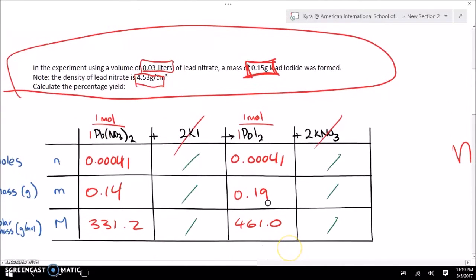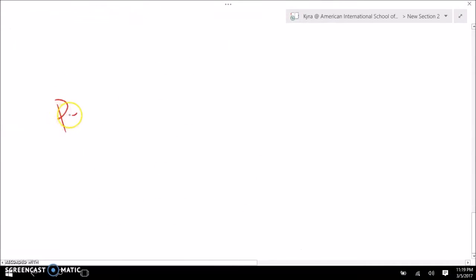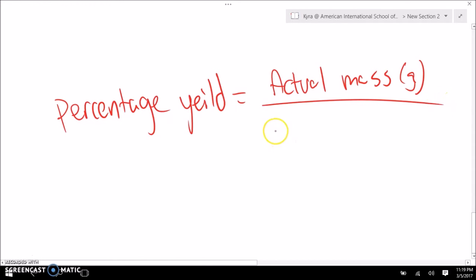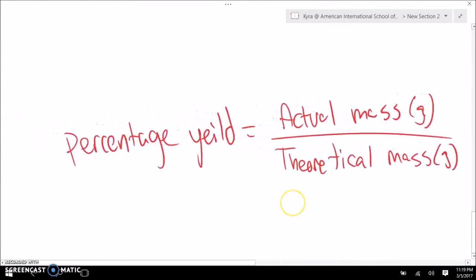So now that we know the actual mass was 0.15 and the theoretical mass is 0.19, we can work out the percentage yield. Percentage yield equals actual mass in grams divided by theoretical mass in grams, multiplied by 100.